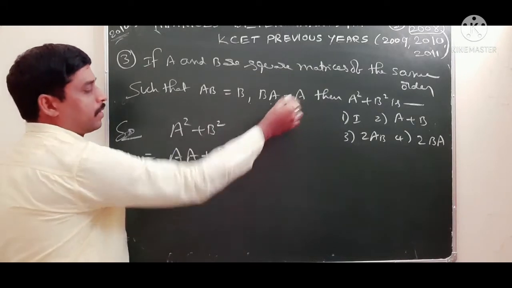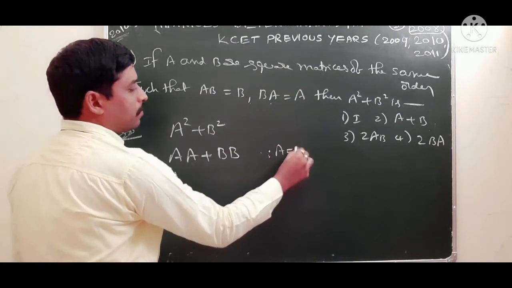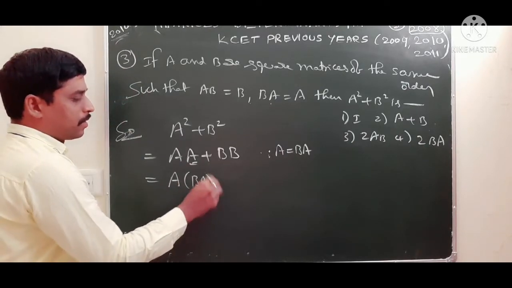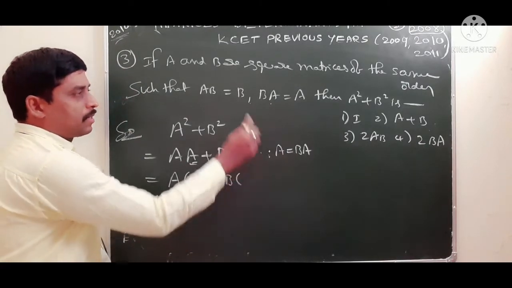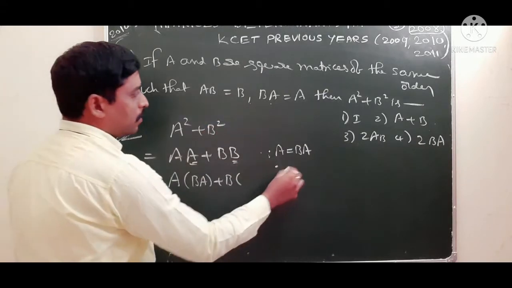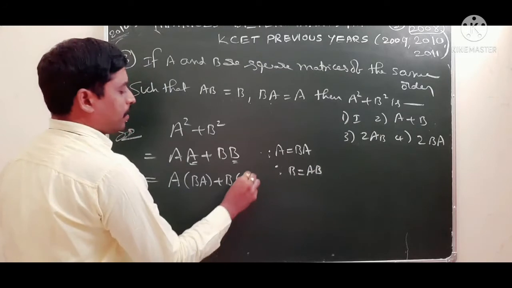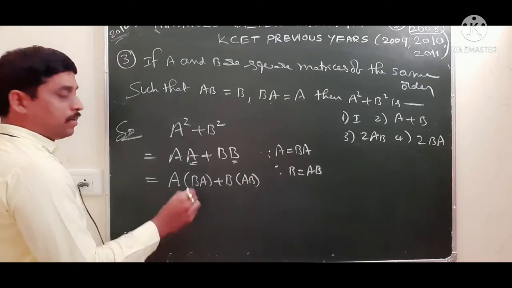What is the value of A given? Since A is equal to BA, we replace one A with BA. For one B, we replace it with AB.